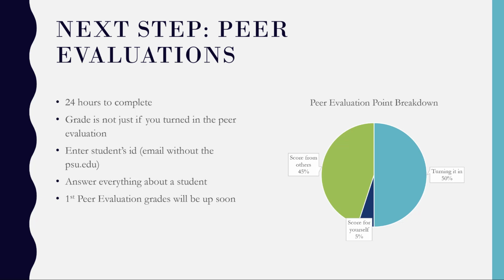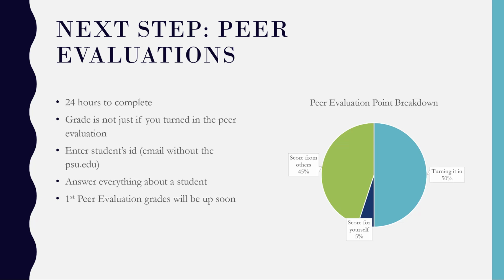It's just the way this works. In order to get 100, everybody has to rate you really high for having done the work. So if you want to do really well, you have to put in the work.